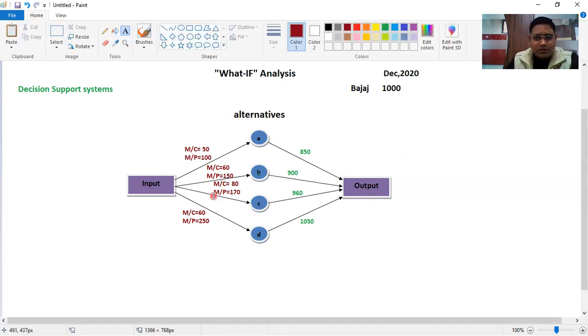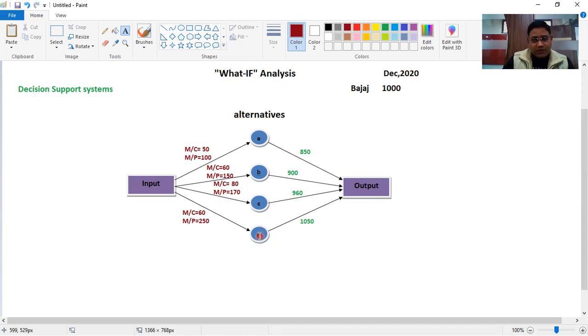Okay. So we have increased again. We have increased the units of machines, and it is 80 now, and manpower also by 20, so it is 170 now. So machines we have 80 and manpower we have 170. With this alternative C, we can manufacture 960 bikes. But still we have not achieved our target or objective.